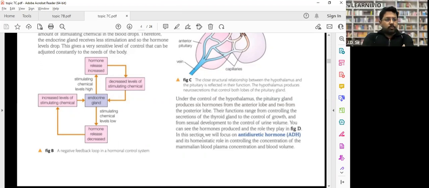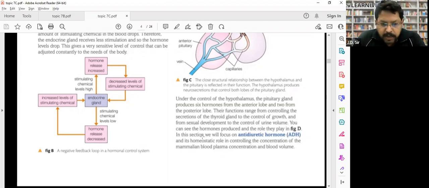Take cold drinks, more cold drinks, you have to urinate. Take drugs, beer, whiskey, you have to urinate more. All those substances which increase the rate of urine formation in the body are called diuretic substances. Note it down. Tea is diuretic, coffee is diuretic, beer is diuretic, whiskey is diuretic, they all are diuretic.